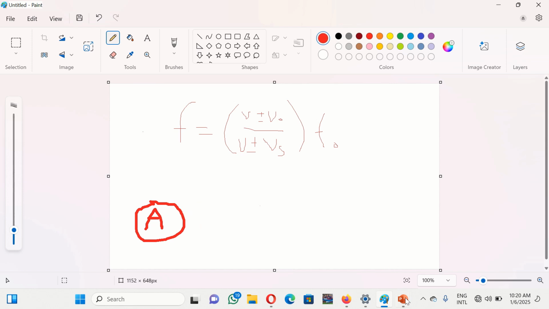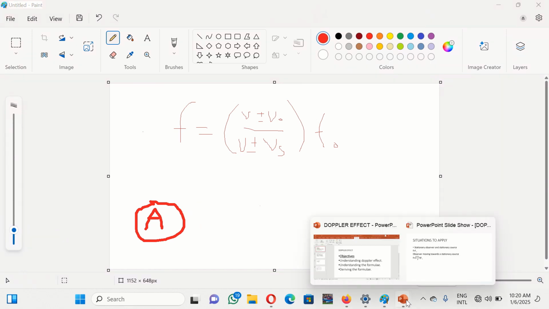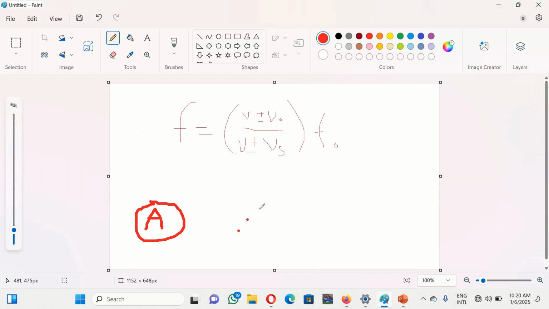This is stationary. Okay, the ambulance is stationary. And then I have an observer moving towards the sound.